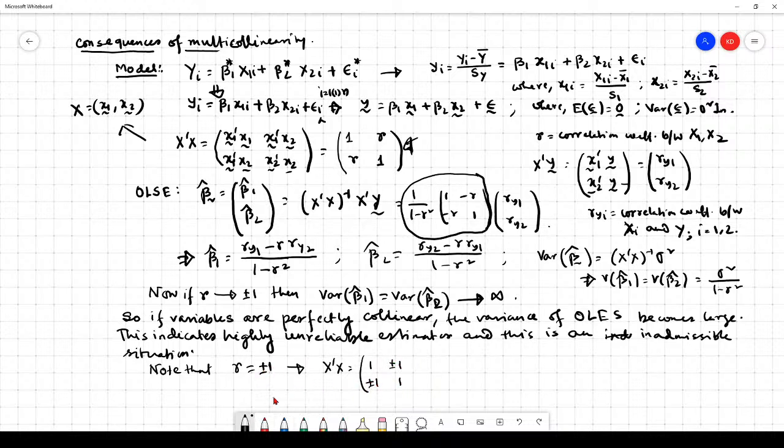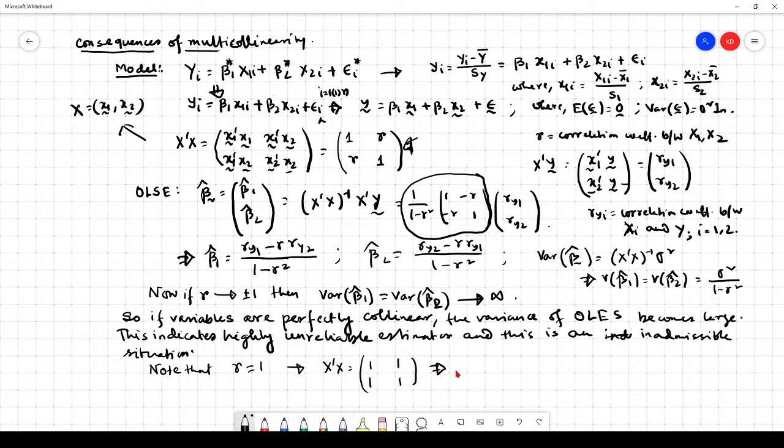For example, if you take r equal to plus 1, then X prime X is equal to 1 1 1 1.